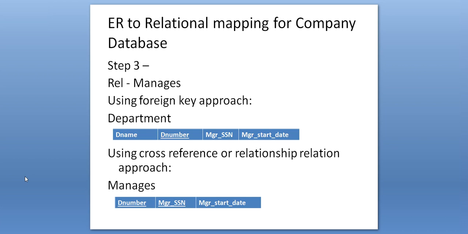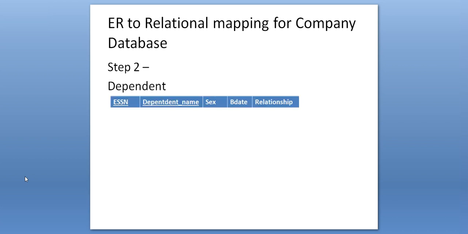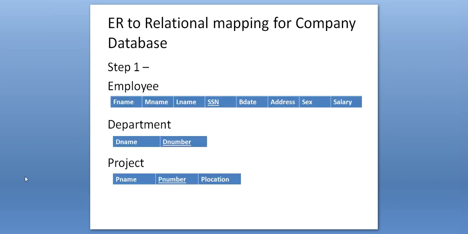That means the changes will be made in the department relation. In step number 1, we have already created the department relation, isn't it? So in this relation, we are going to make some changes.